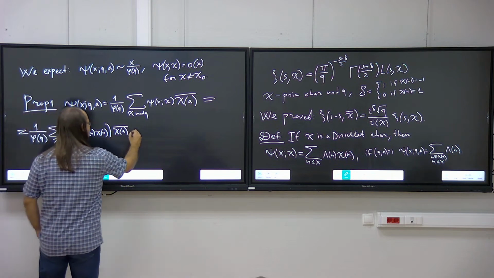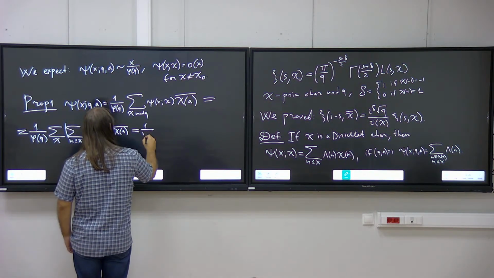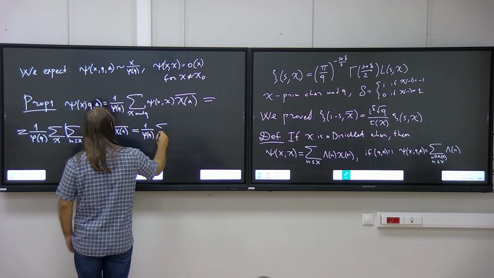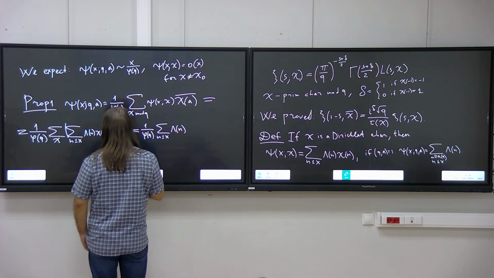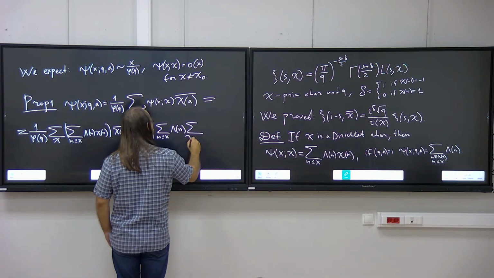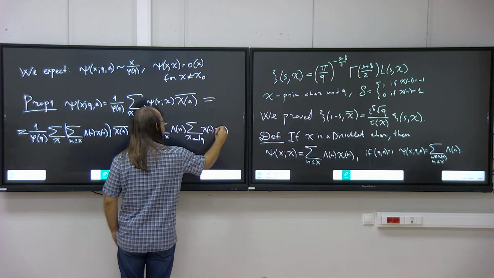Here, both sums are just finite sums, so you get 1 over phi of q, sum over all n less than or equal to x, lambda of n, and then sum over all chi modulo q, chi of n, chi of a bar.